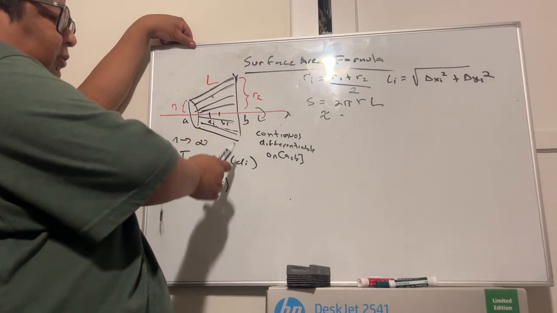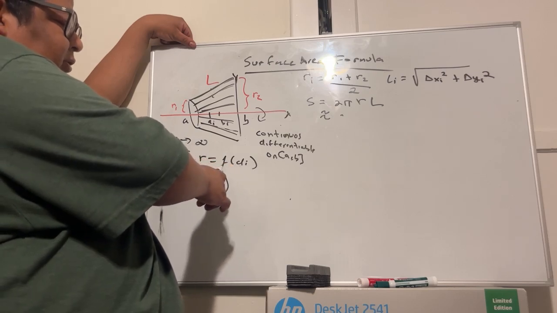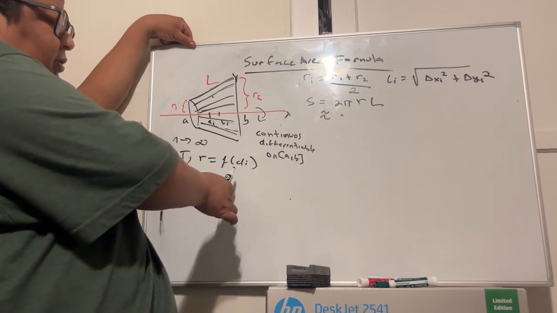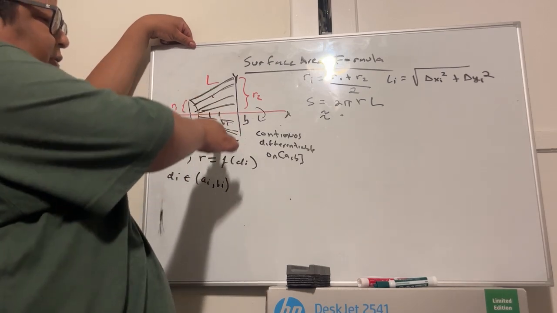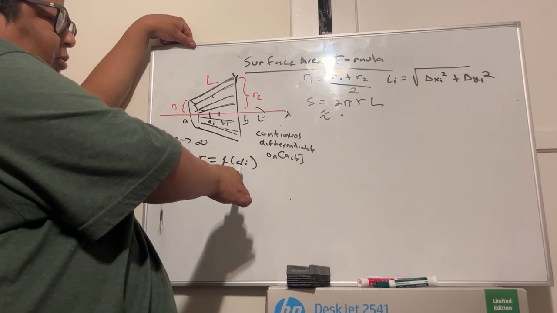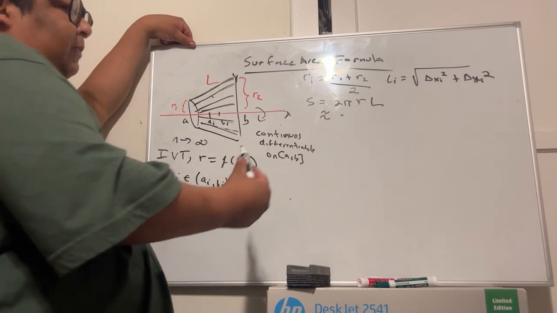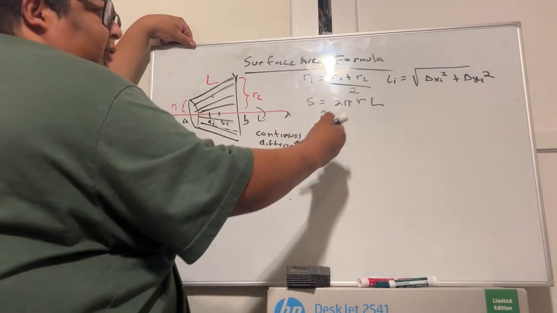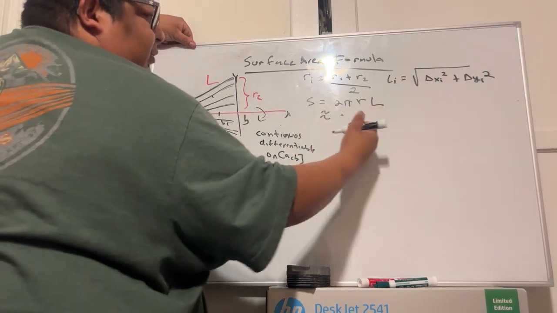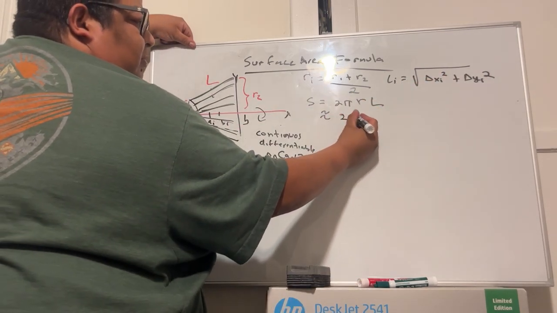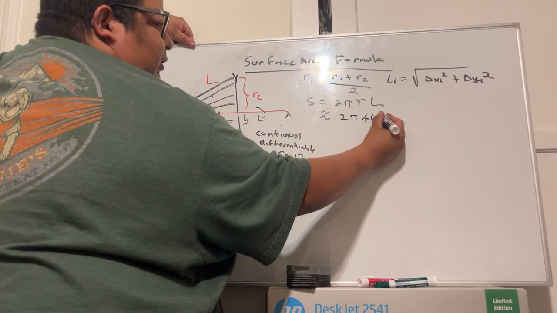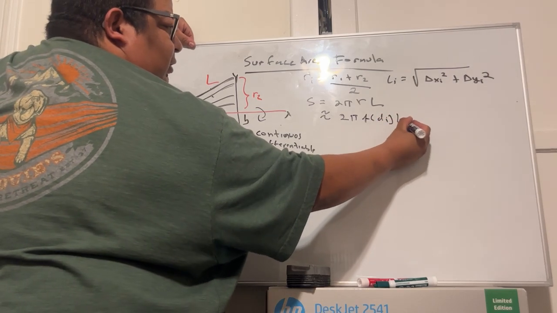So for each interval, the average radius is going to be the value of the function at some point between ai and bi. And then Li is this. So the approximation is going to be 2 pi f of di times Li.